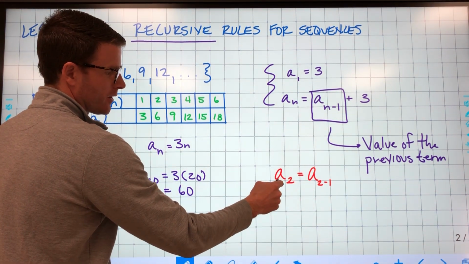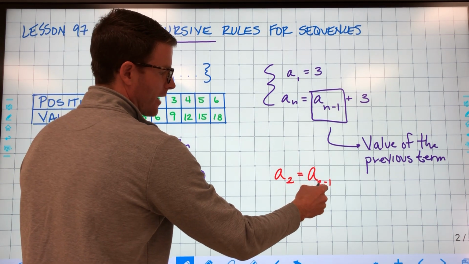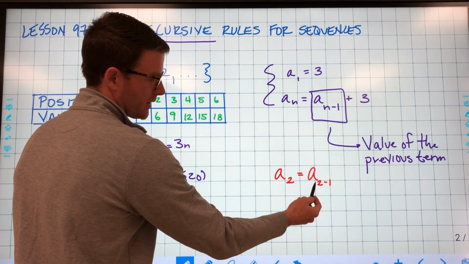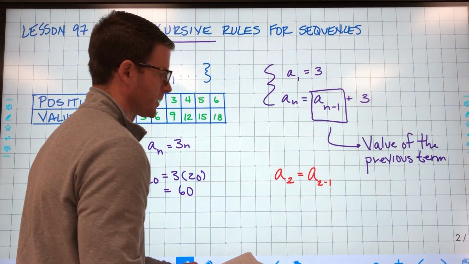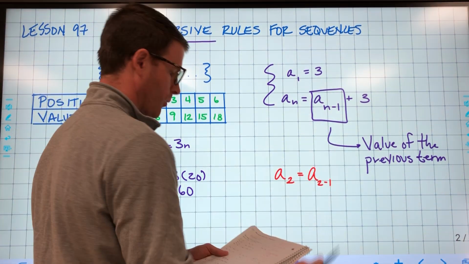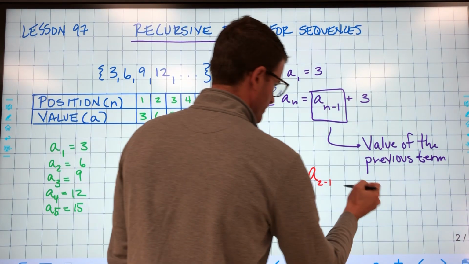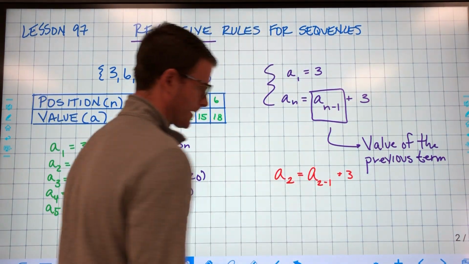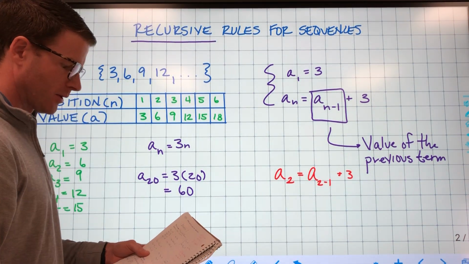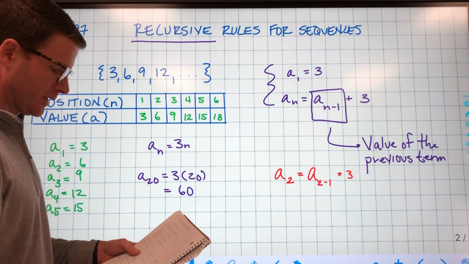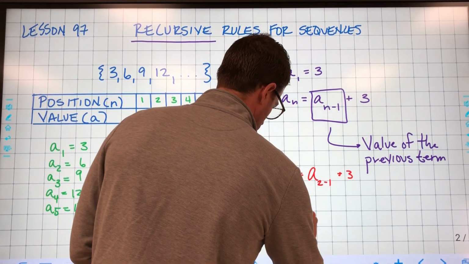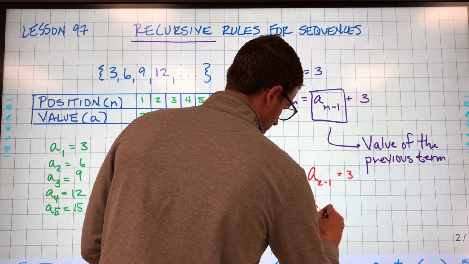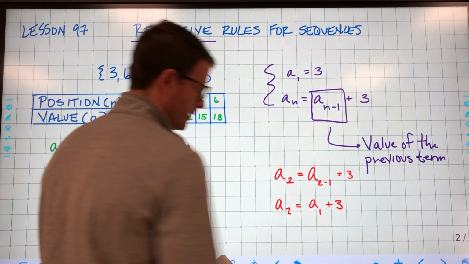So this tells me the value of the second term is equal to the value of, well, a sub 2 minus 1 is going to be a sub 1, which would be the first term, the term before 2, plus 3. And so again, we can say that a sub 2 is equal to a sub 1 plus 3.